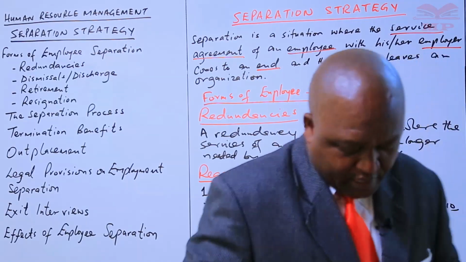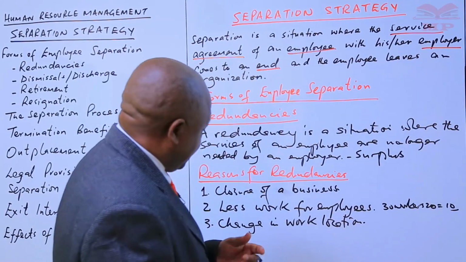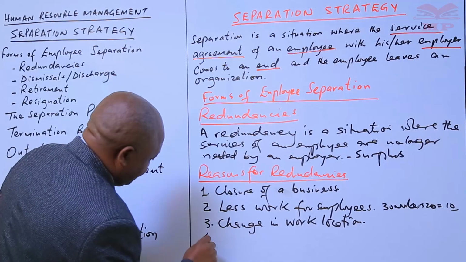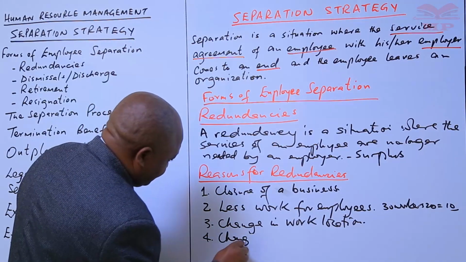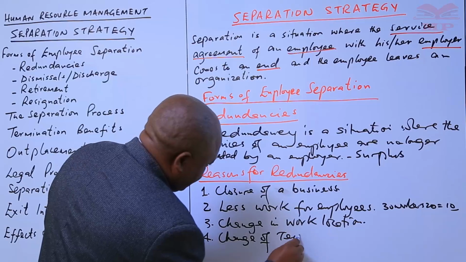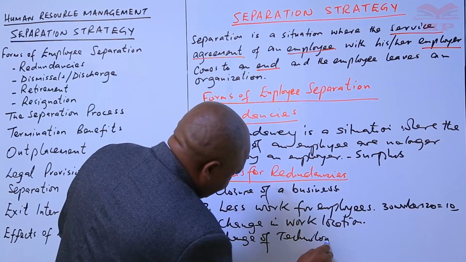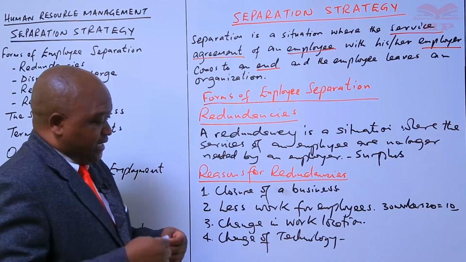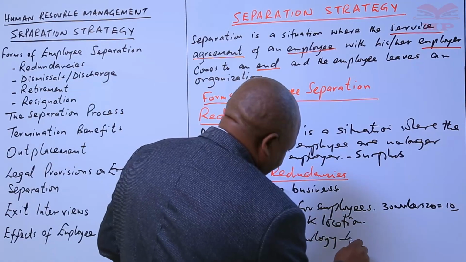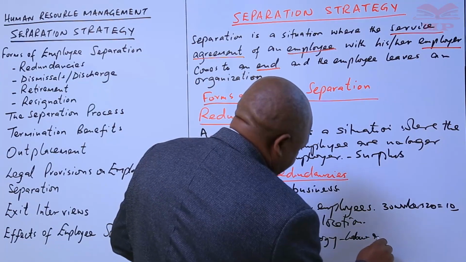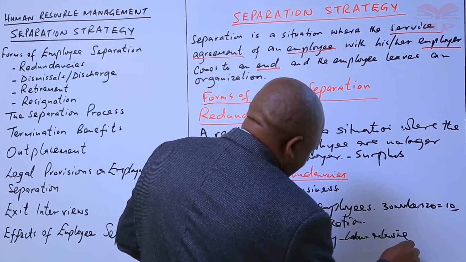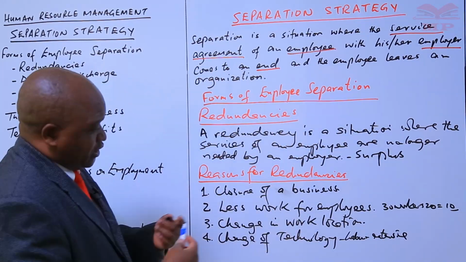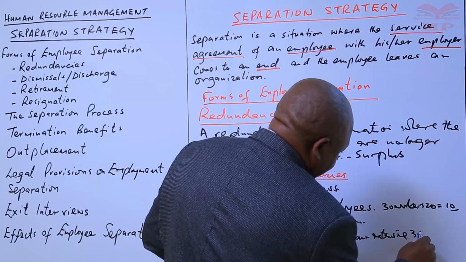Then what happens is a change of technology. For example, an organization has been using what is called a labor extensive approach. Then it required, say, 3,000 workers.